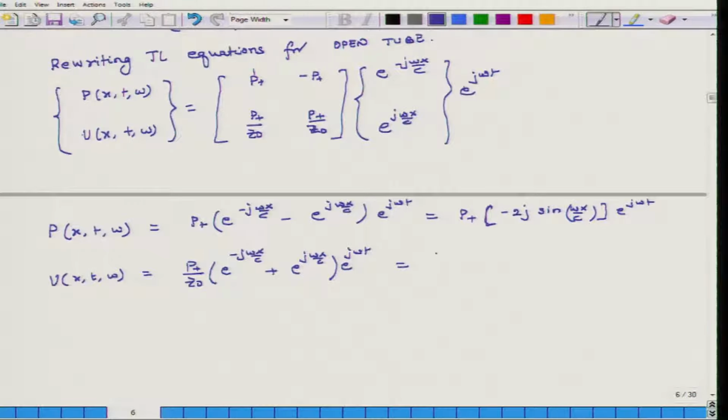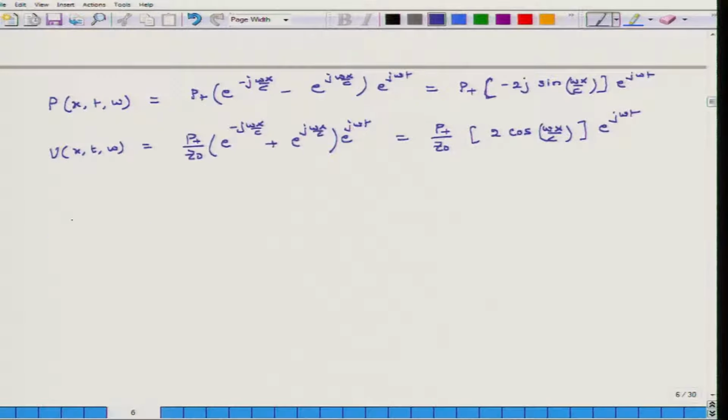For the velocity relation I get P plus over Z naught, and the term in the parenthesis is 2 cosine omega x over c, times e to the j omega t.